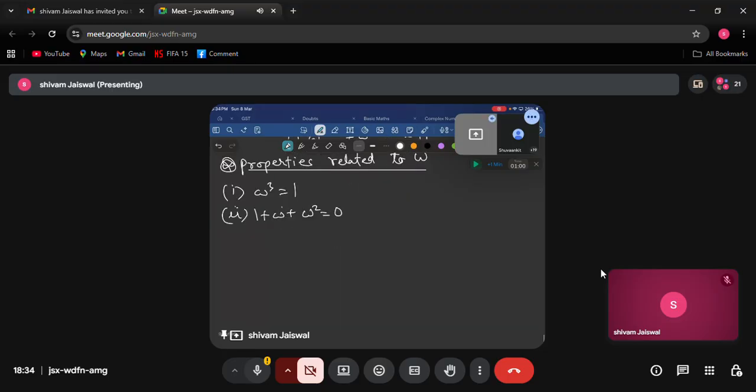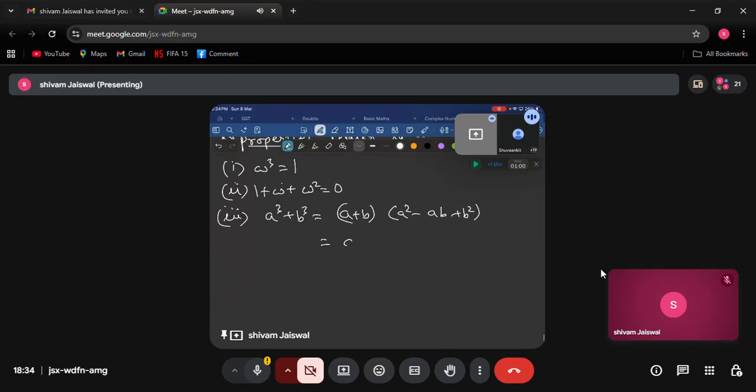Next. Number 3. Okay, if I want to factorize a cube plus b cube. A cube plus b cube is equal to a plus b into a square minus ab plus b square. So everyone, minus ab can I write it as omega plus omega square into ab.